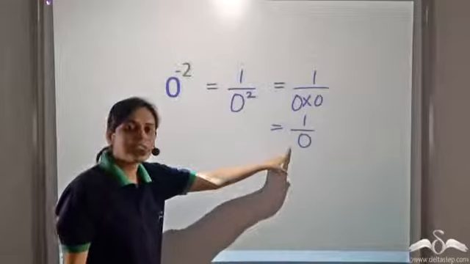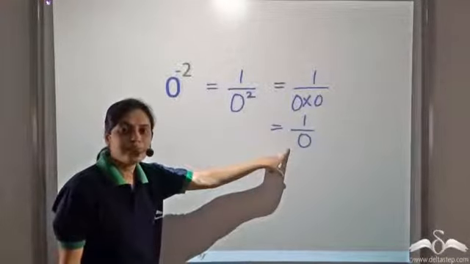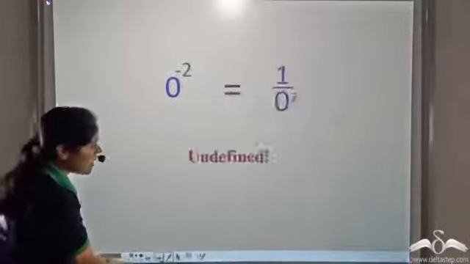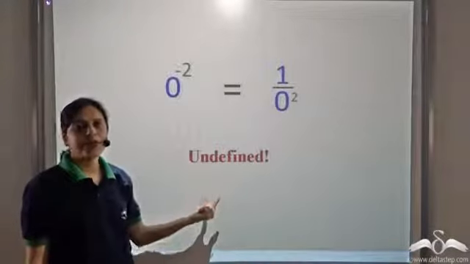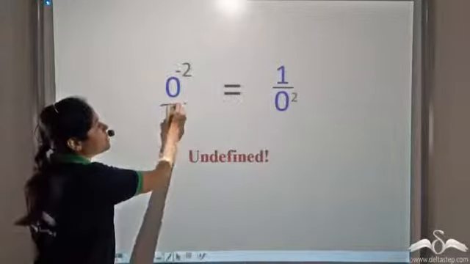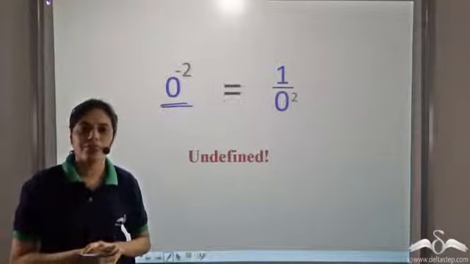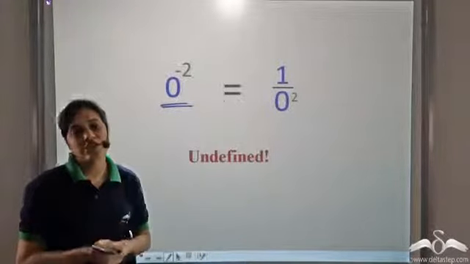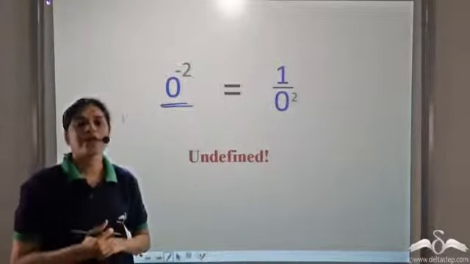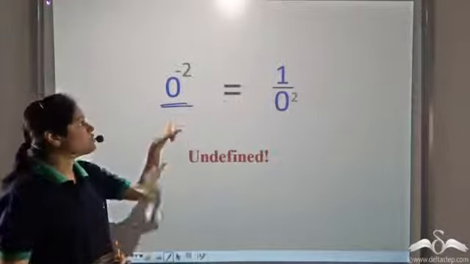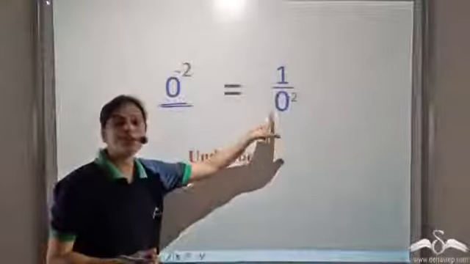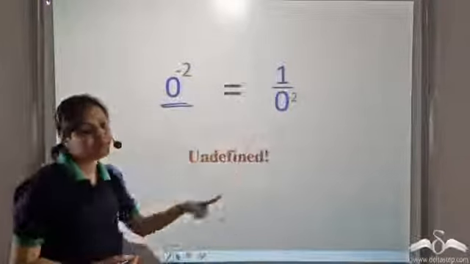But division by 0 is not possible. So this is undefined. Hence, we cannot raise 0 to a negative power. So 0 raised to a negative exponent does not exist, because division by 0 is not possible.